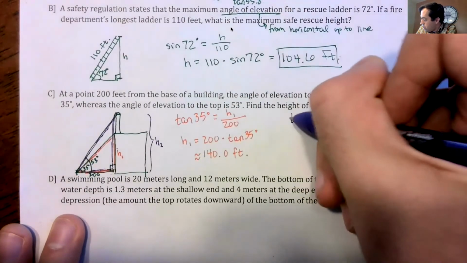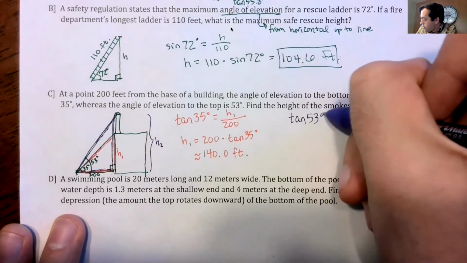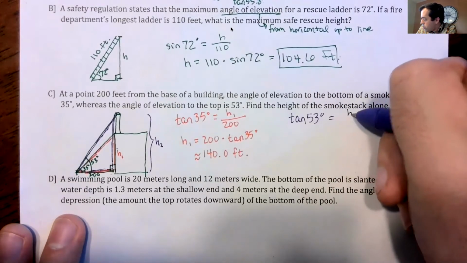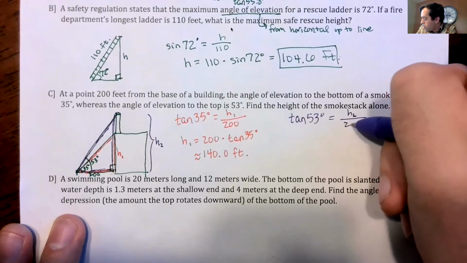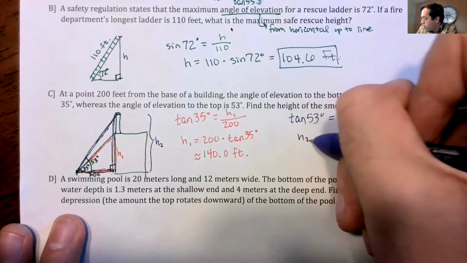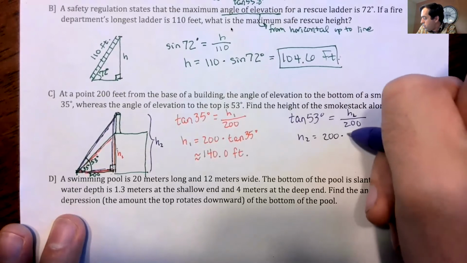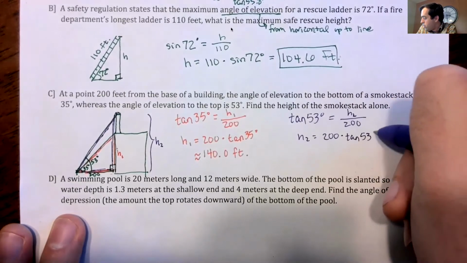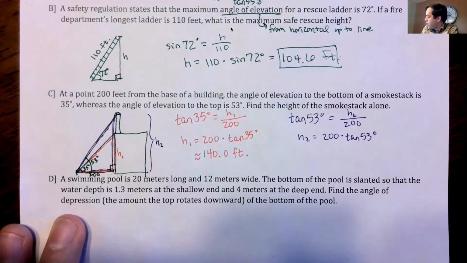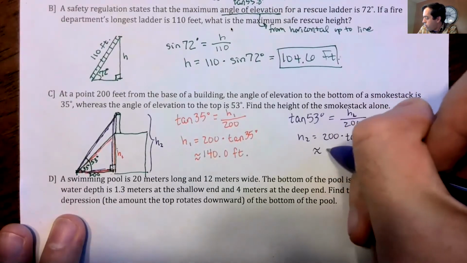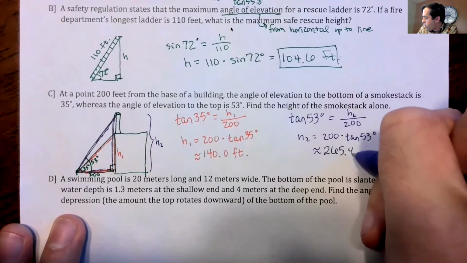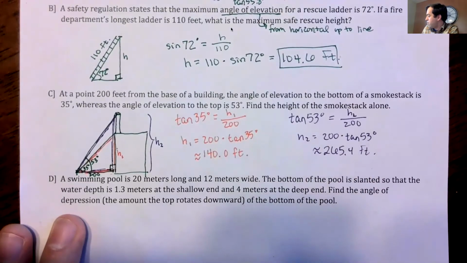So we're going to have tangent of 53 degrees equals H2 over 200. So we have H2 equals 200 times tangent of 53 degrees. We can again type that into our calculator, and we'll end up with 265.4 feet.